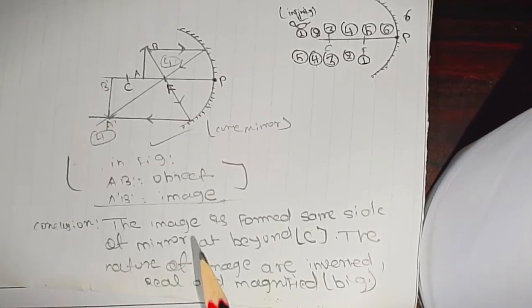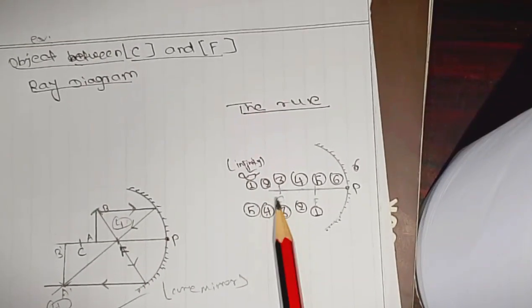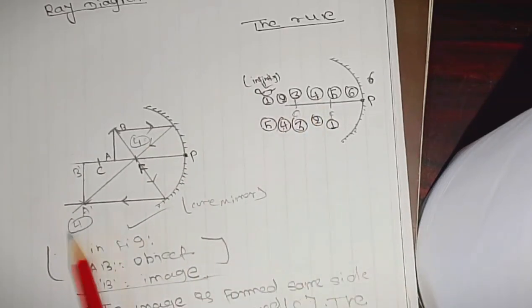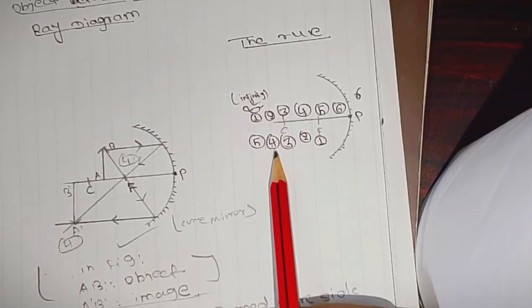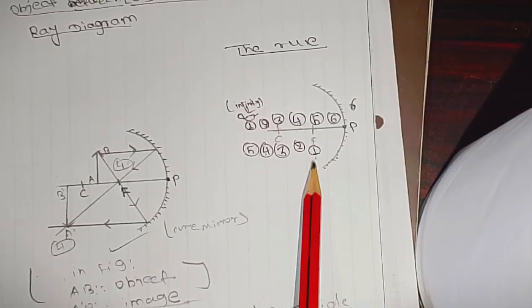Here this rule is very important. If you know this, you can complete this diagram easily. If the object is here, the image is formed at the focus.